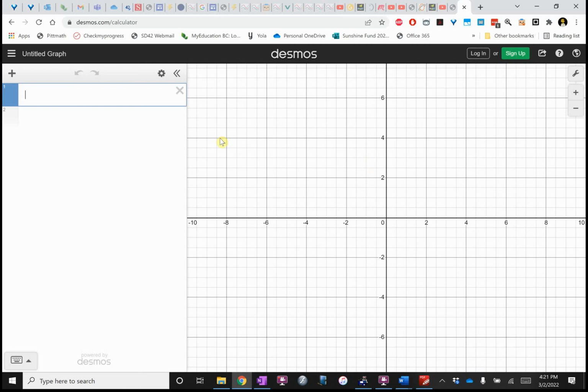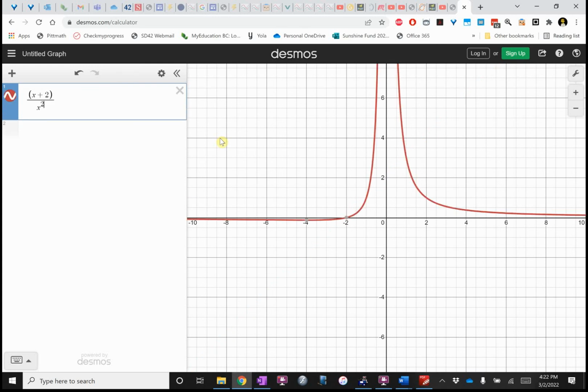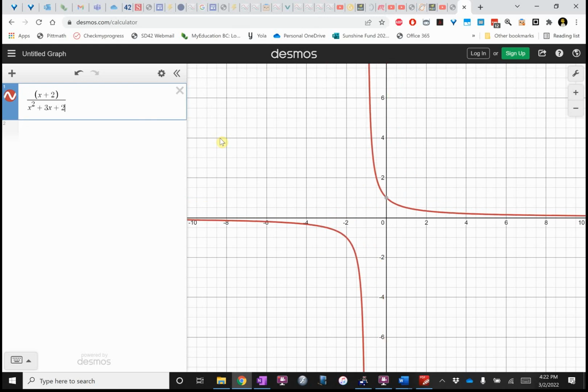What was on top? Bracket x plus 3, squared, all divided by... Okay. Does that look about what I said?